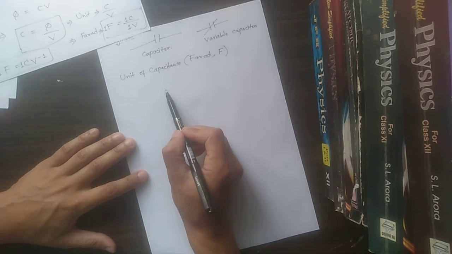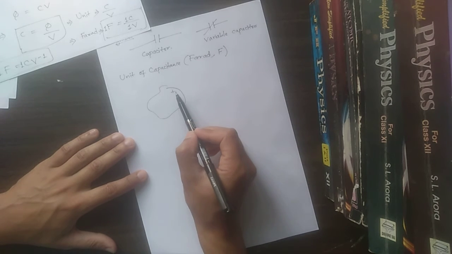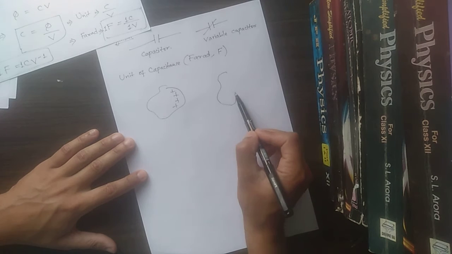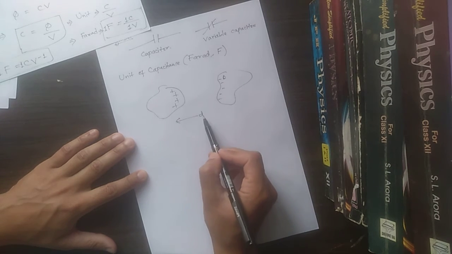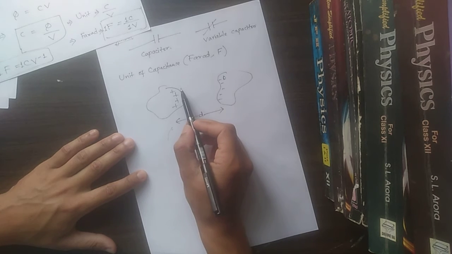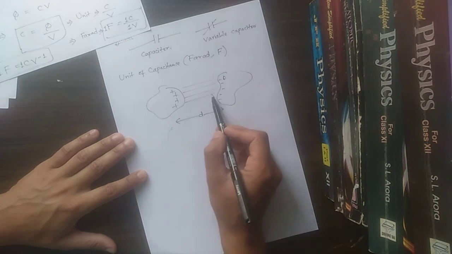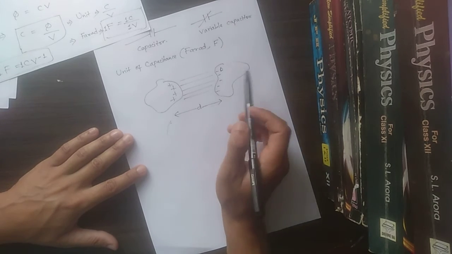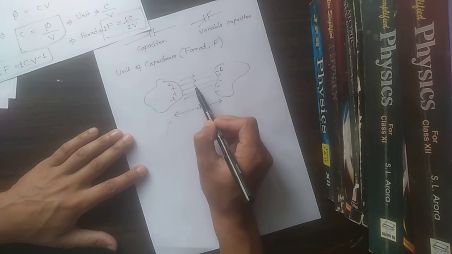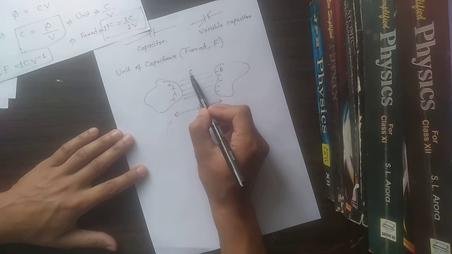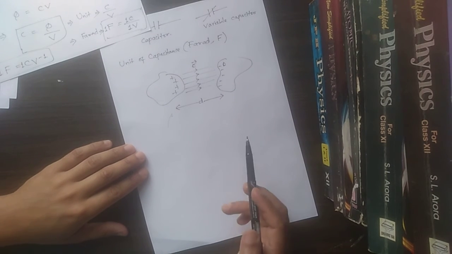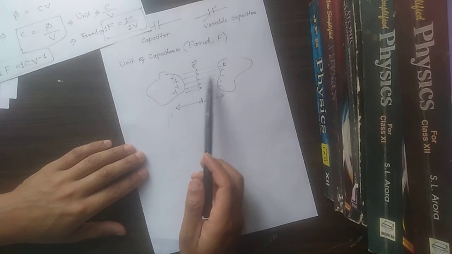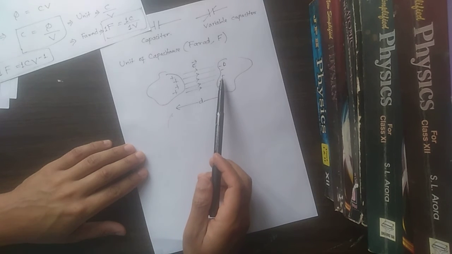Now let us draw a capacitor again. So this is a capacitor. It is a system of two conductors separated by some distance d, and there is a medium separating the two conductors. If you see closely, here is an electric field directed from the positive charge to the negative charge.